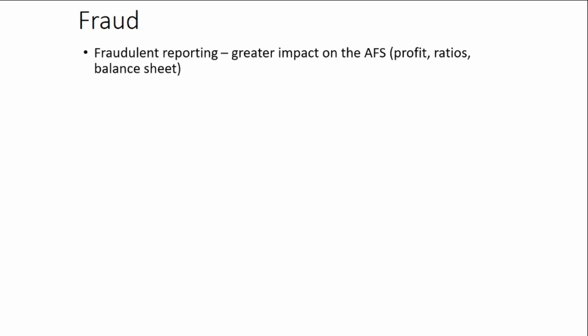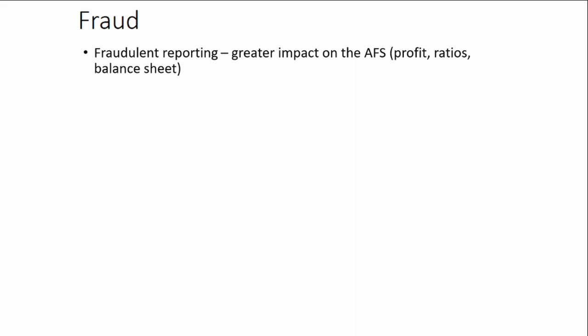So let's have a look at fraud. We've got, as you know, two types of fraud that as auditors we want to really look at. Fraudulent reporting, where someone has told us a lie in the financial statements, and misappropriation of assets, which is when someone has stolen something or is using something inappropriately.